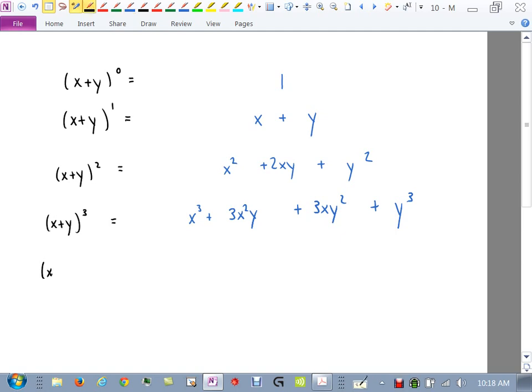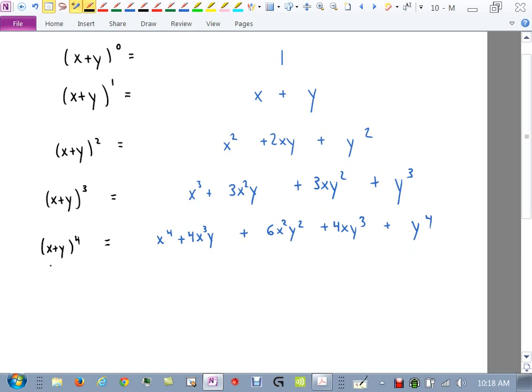Then, what if I said to the 4th power? Well, you could do two of them together and then multiply, and it would be two trinomials, and it would be nine multiplications. You do all that, and you get x⁴ + 4x³y + 6x²y² + 4xy³ + y⁴.